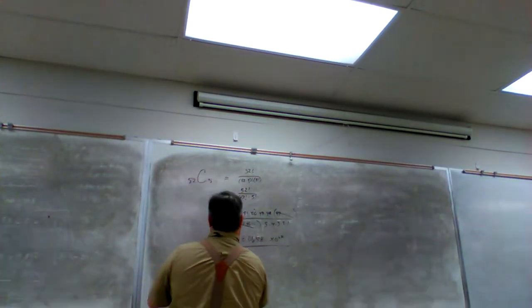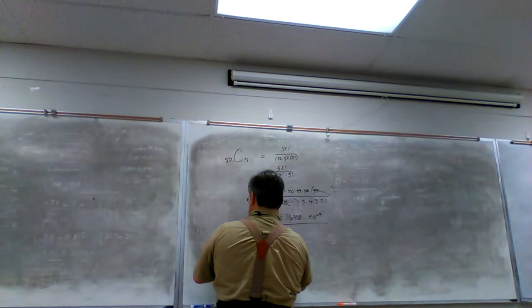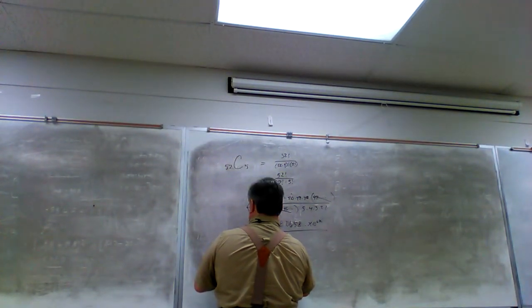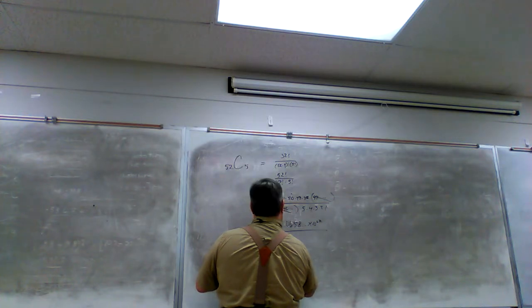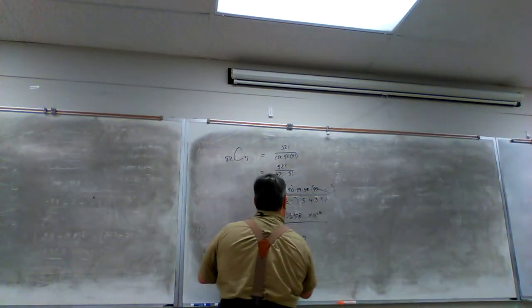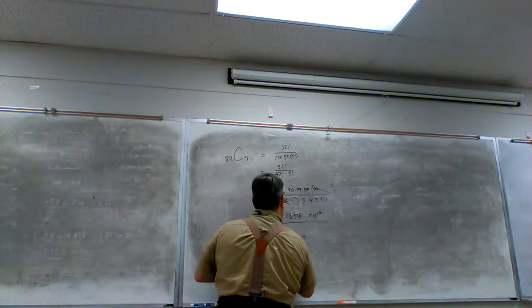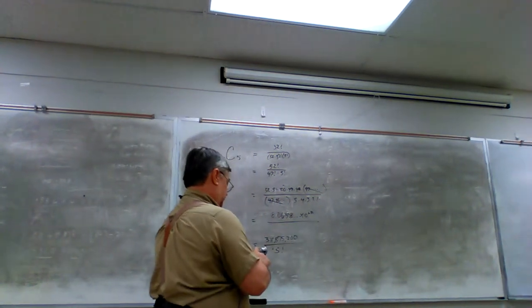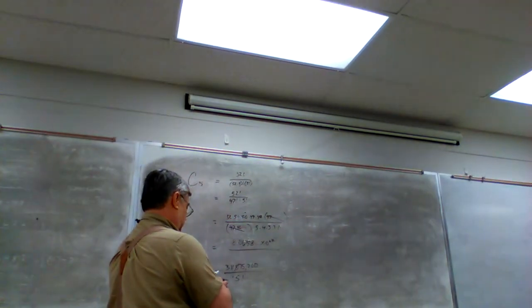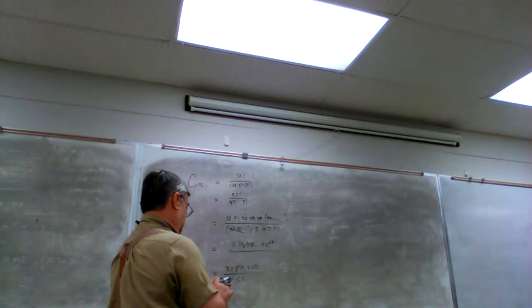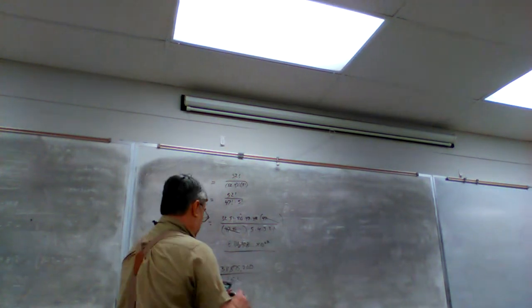And you're left with 311,875,200 divided by 5 factorial, which is 120.